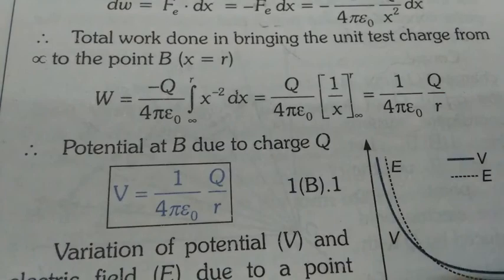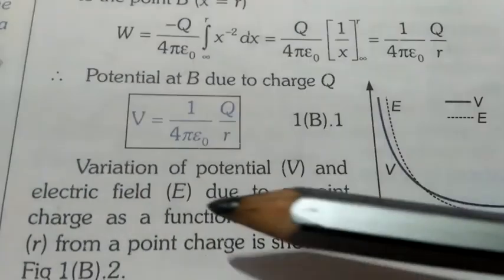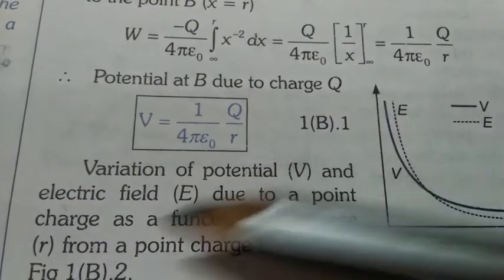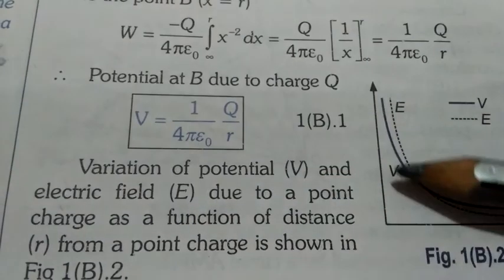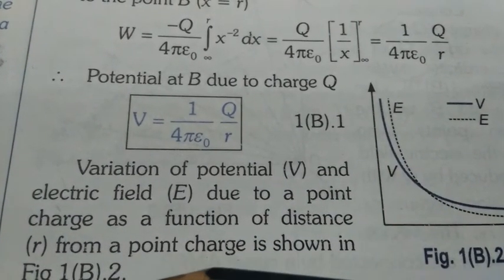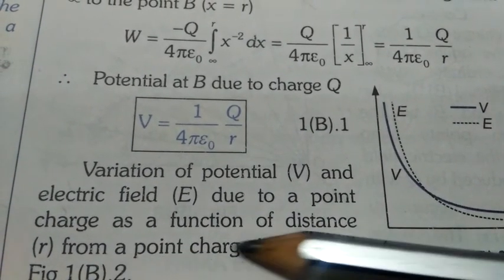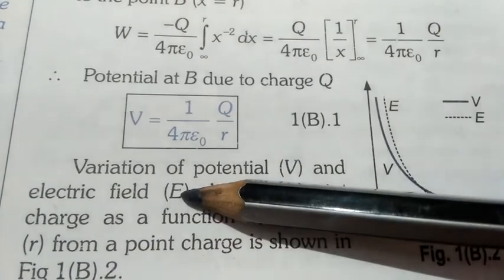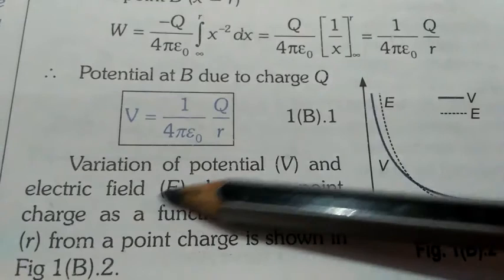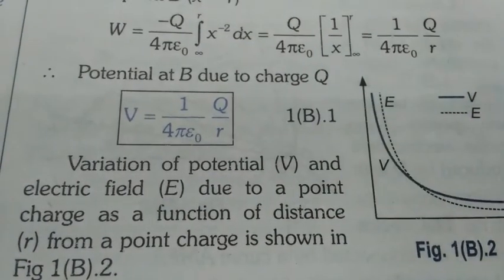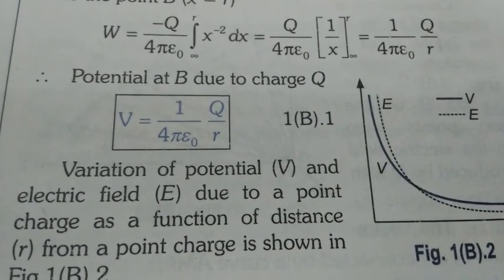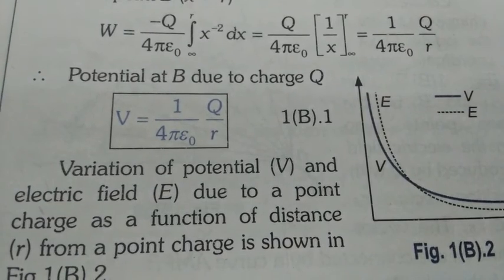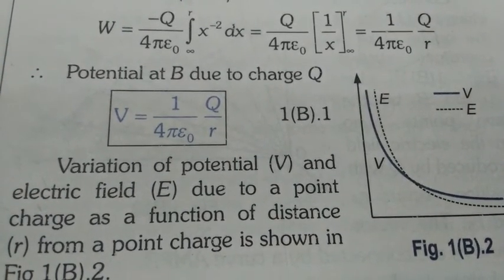One more thing is there: the variation of potential V and electric field E due to a point charge as a function of distance r from the point charge is shown in this figure. Why are we taking electric field also with potential? Because the electric field also varies with r in an inverse manner. As the value of r increases, the value of E also decreases.